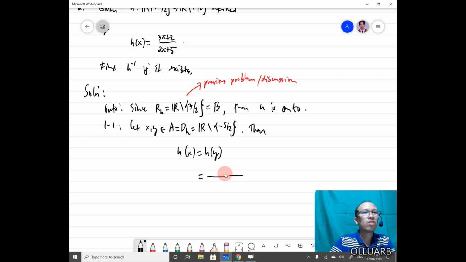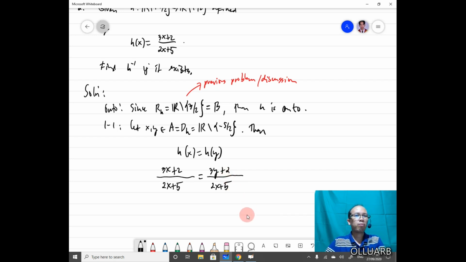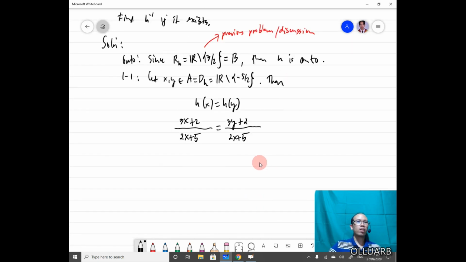So let's plug in. Remember that our x here is what we are going to replace. If we replace our object here by x, then this is 3x plus 2 over 2x plus 5. Here we use y, so this will become 3y plus 2 over 2y plus 5. So cross multiply.